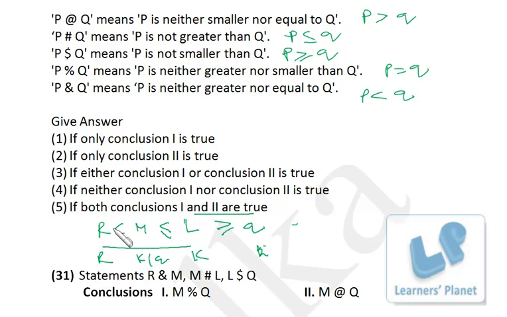So we will not establish any relationship between RQ and MQ. M is from this sequence and Q is from this sequence. So neither conclusion 1 nor conclusion 2 is true. I hope you are clear.